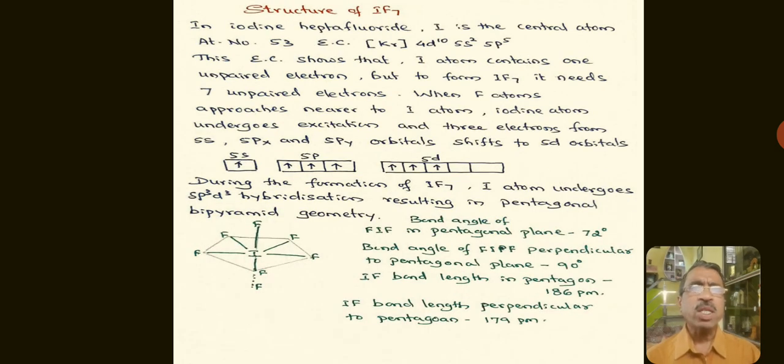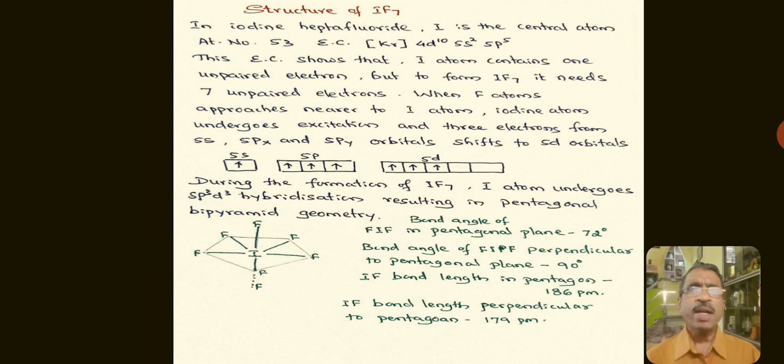Now let us discuss the structure of iodine heptafluoride. In iodine heptafluoride, iodine is the central atom, atomic number 53, electronic configuration 4d10, 5s2, 5p5. This electronic configuration shows that the iodine atom contains one unpaired electron, but to form iodine heptafluoride, it needs 7 unpaired electrons.